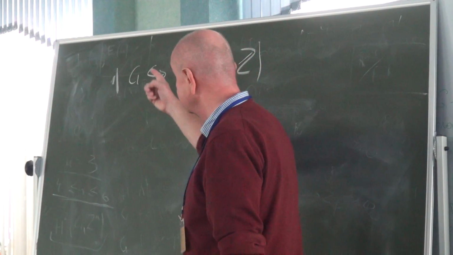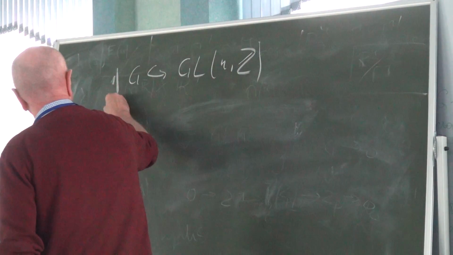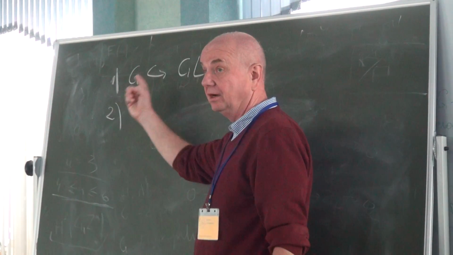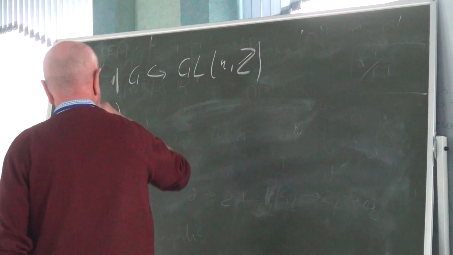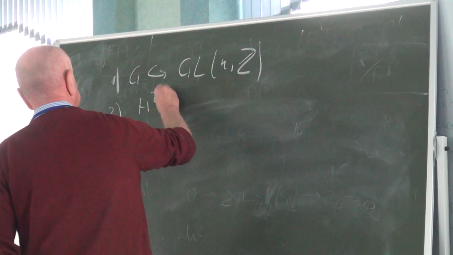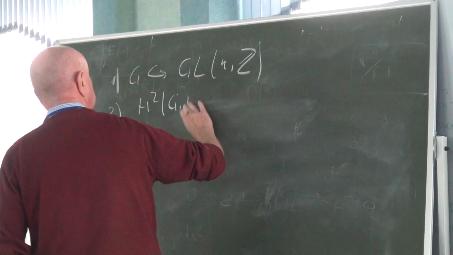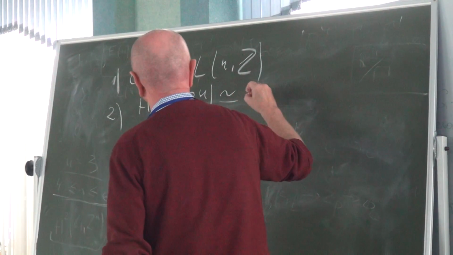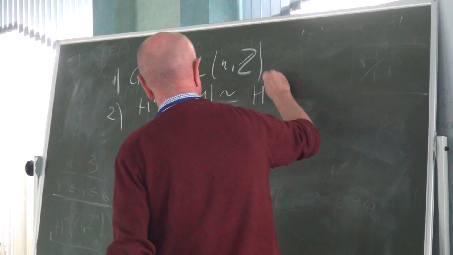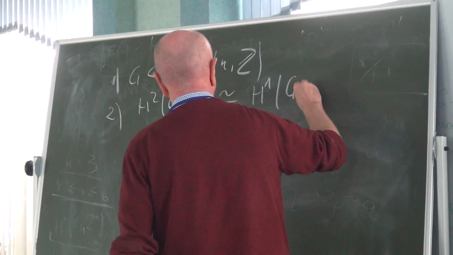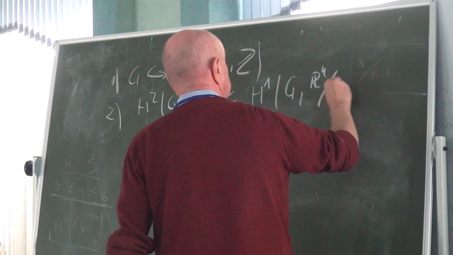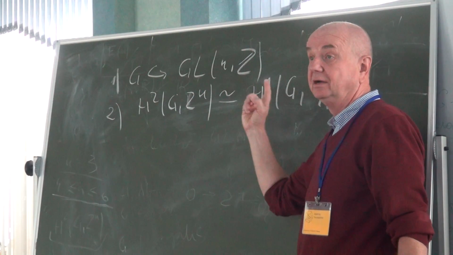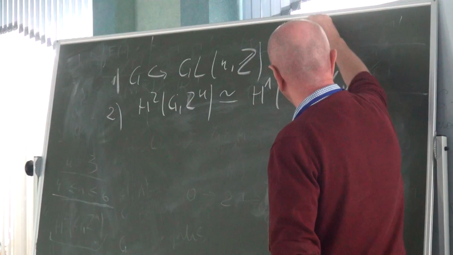In each dimension there is only a finite number of such groups, and also a finite number of G-modules. The second step is to classify the second cohomology group of this module, which is equivalent here to calculating the first cohomology group of the quotient by Z^n in R^n, from the long exact sequence.